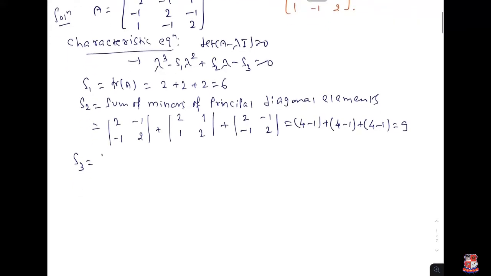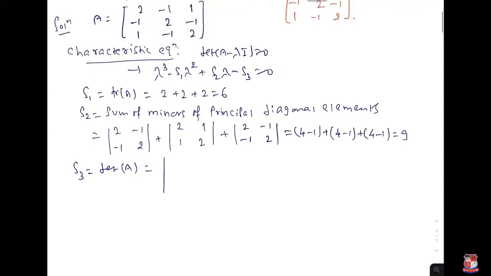S3 is the determinant of A, and that is equal to the determinant of 2 minus 1 1, minus 1 2 minus 1, 1 minus 1 2. We can find the value of the determinant. So these 4 elements are there, and that is nothing but 4 minus 1.